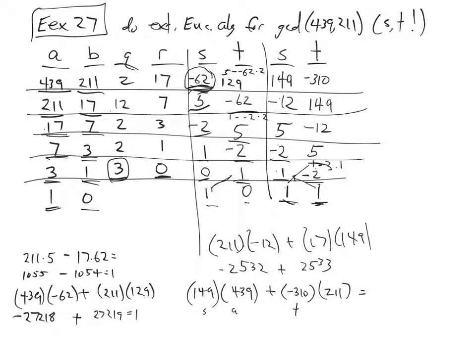So that's equal to 149 times 439, which is 65411, minus 310 times 211, which is 65410, which is 1. Yay!